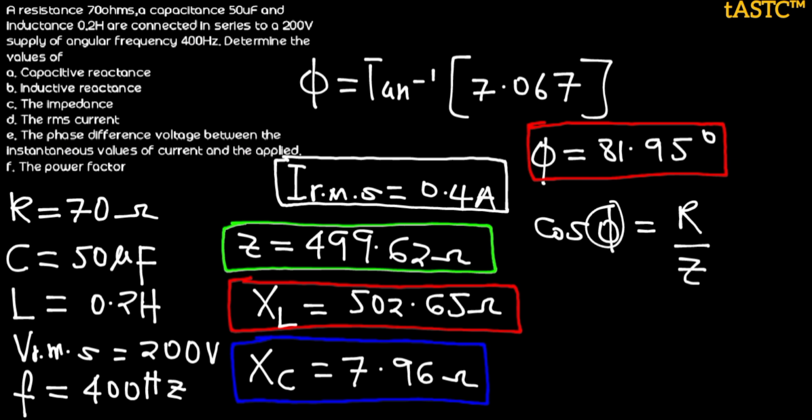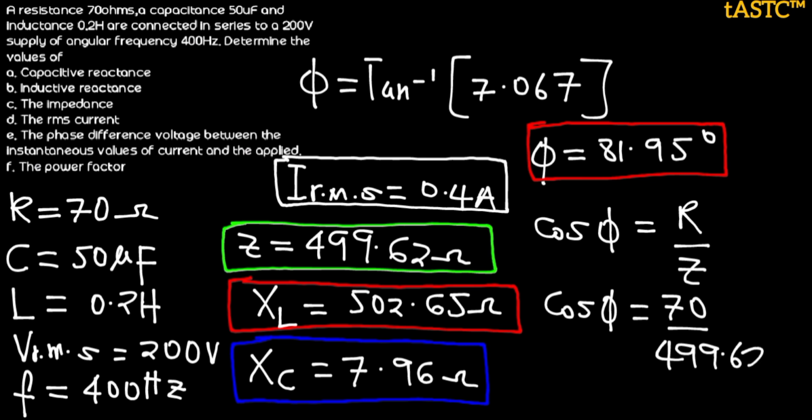So in order to get that cos phi, that will be equal to R. Now R is 70. This will be divided by Z. Now Z, that is the impedance, which was gotten to be 499.62.